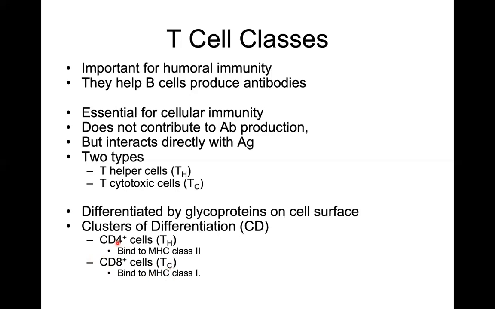So CD4 positive T cells bind MHC class II, and CD8 positive T cells bind MHC class I. At the end of this lecture, you'll see an animation, which hopefully provides an overview of the entire chapter, and also a slide at the end of this chapter that summarizes everything that's going on.